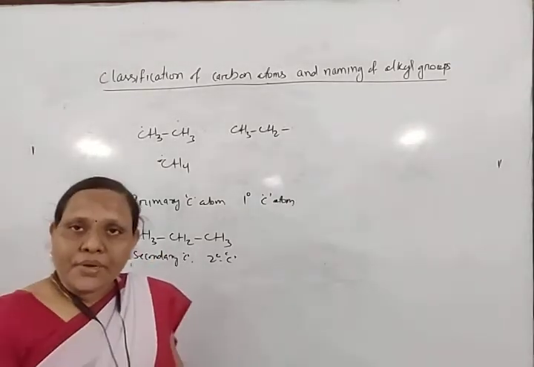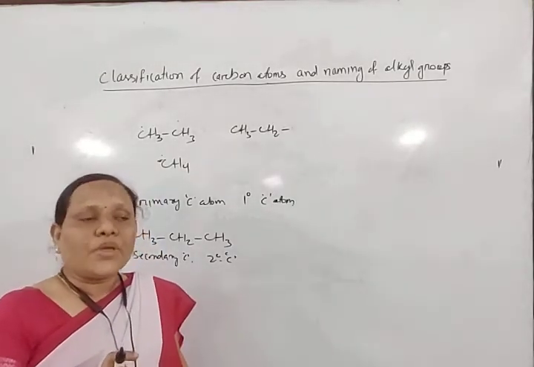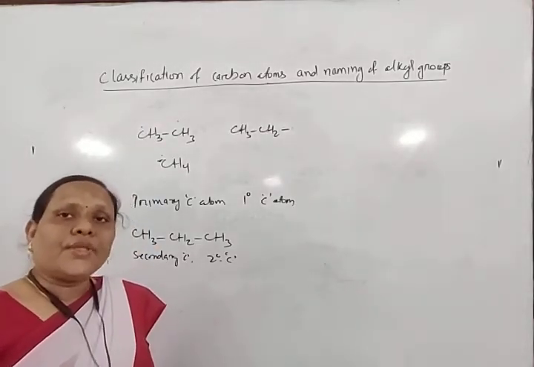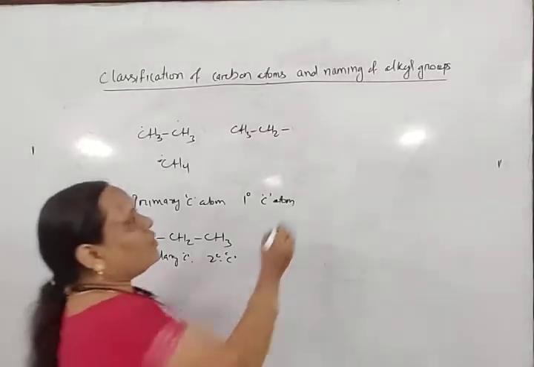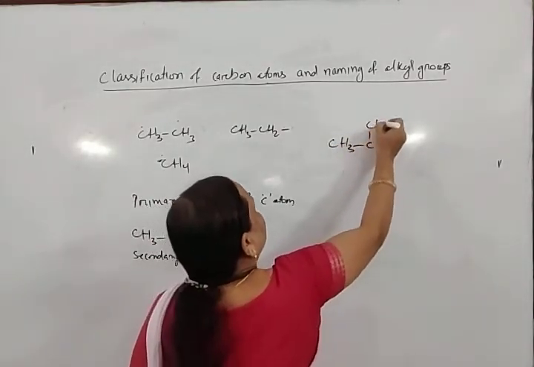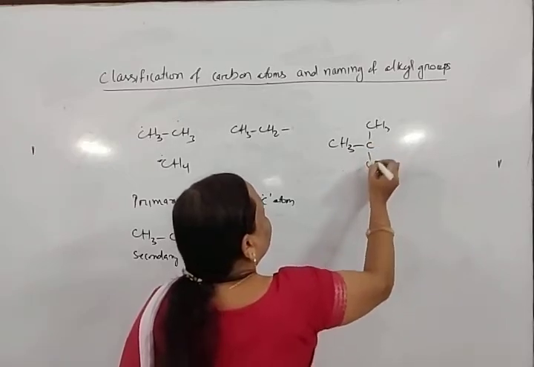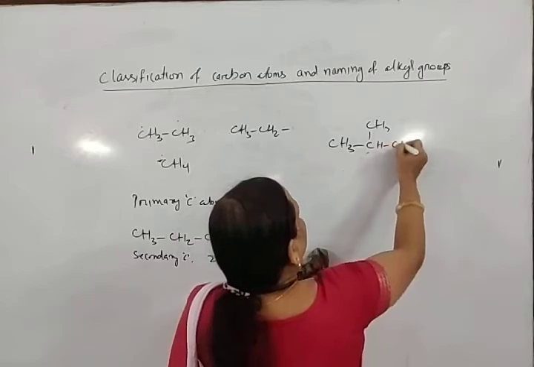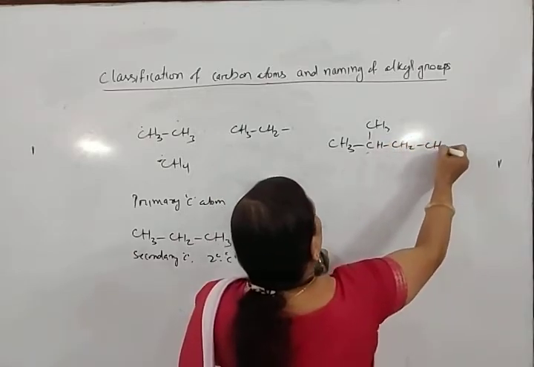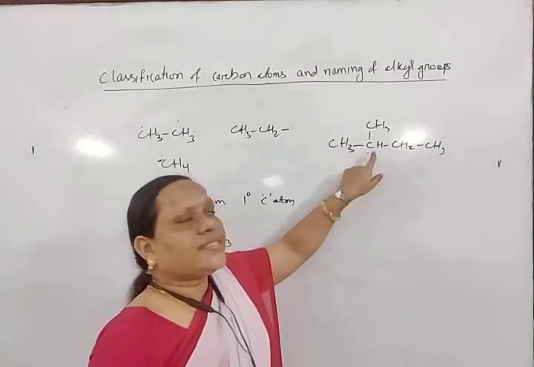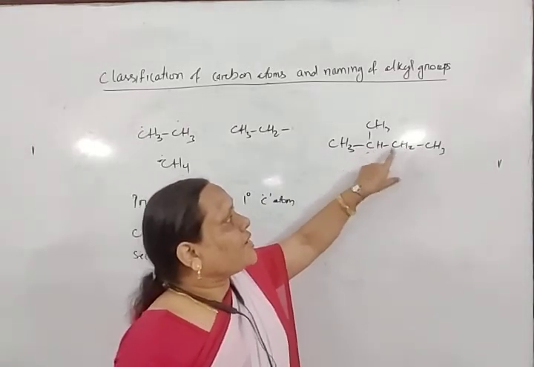Next, if the carbon atom is directly attached to 3 carbon atoms, that is known as a tertiary carbon atom. Look here, CH3, CH3 and CH3, here hydrogen, and here CH2, CH3 is there. Now look here, this carbon is directly attached to 3 carbon atoms.